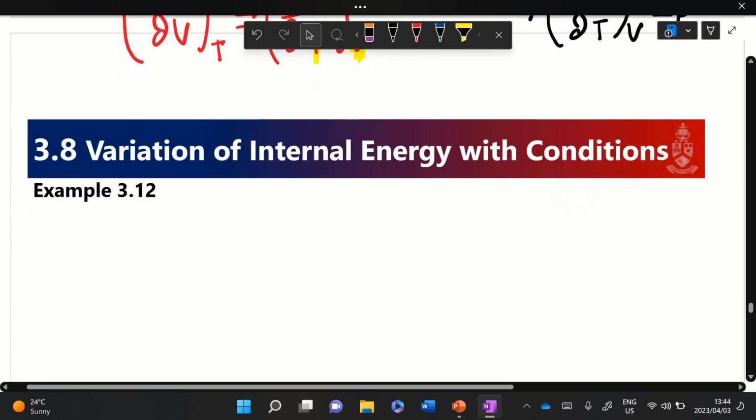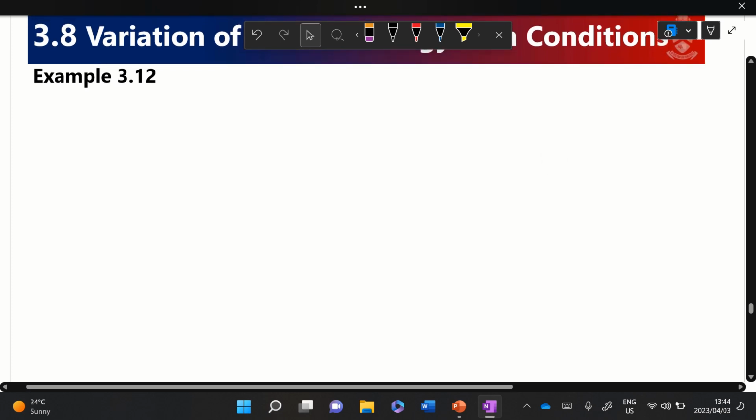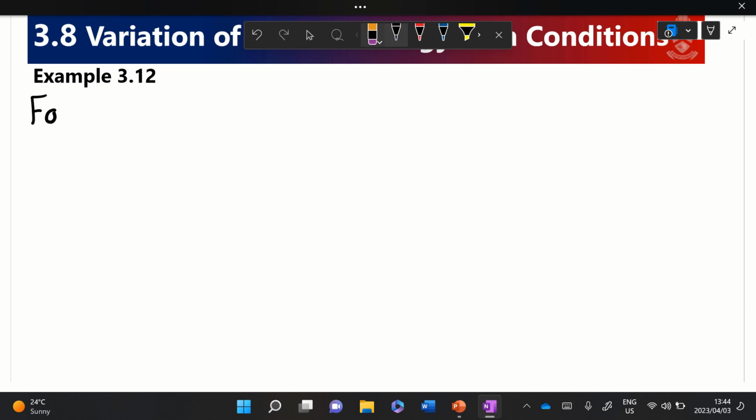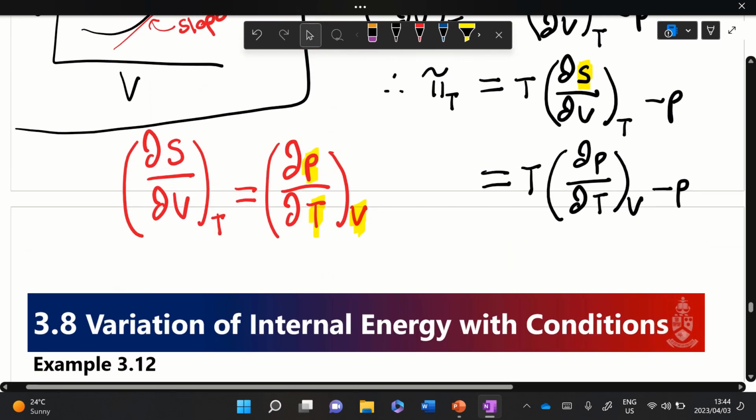Right. So how do we use that? For a perfect gas, we require what information in this equation?